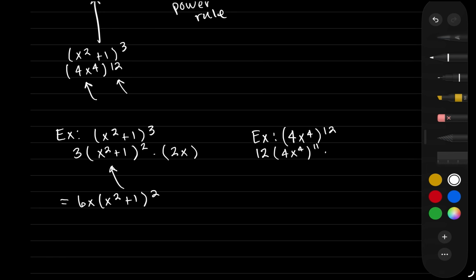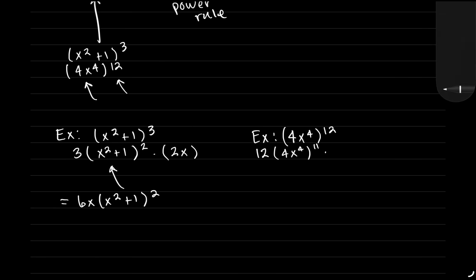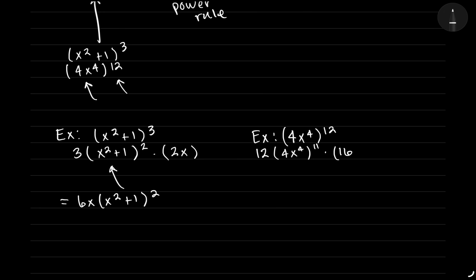And then we're just going to multiply by that chain link, okay? So we're going to multiply by 16x to the 3rd. If you notice, we brought down that 4, so 4 times 4 is 16. You can multiply out 12 times 16. I am not going to do so, so I'm going to call this my final answer.